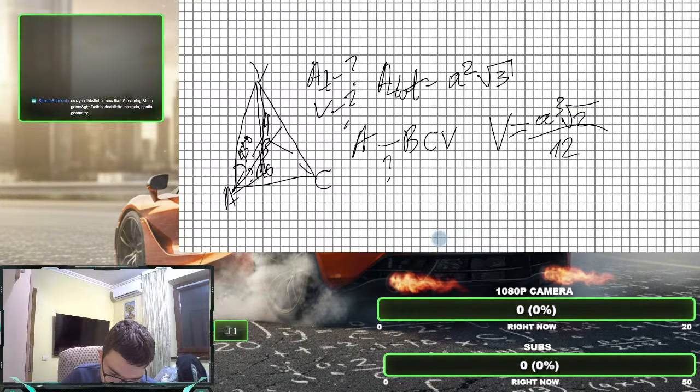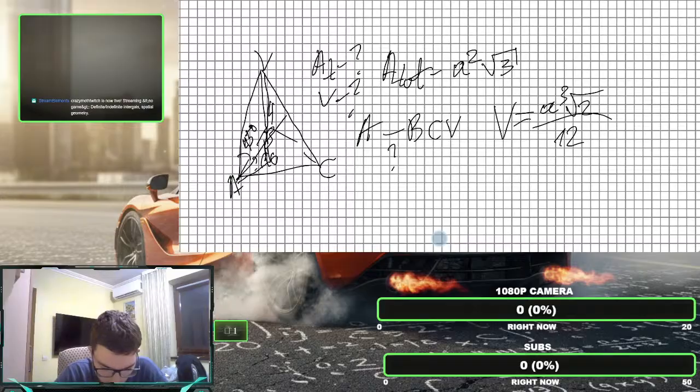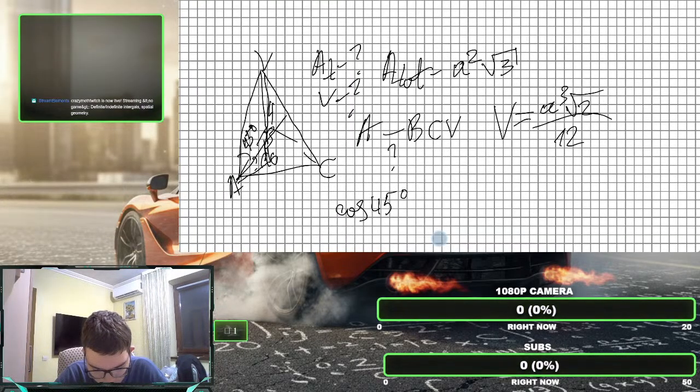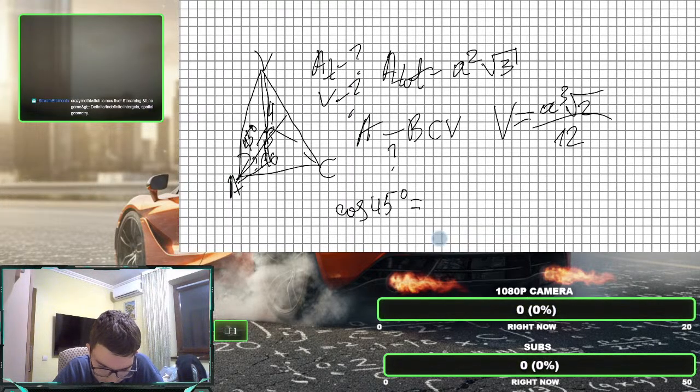If I put that, the angle of VAO is 45. So I'll have cos 45 degrees equals AO or AV, I'm not sure. AO, right? Hold up. It's not this one, it's not with cos, because we don't have that long one.